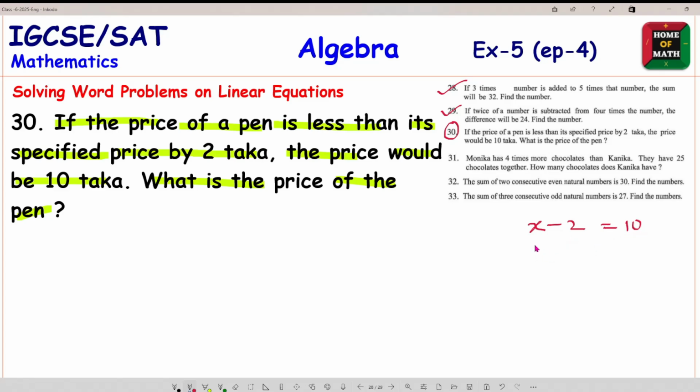Now we have to find the price of the pen. So pen means X. This scenario we can write like this.